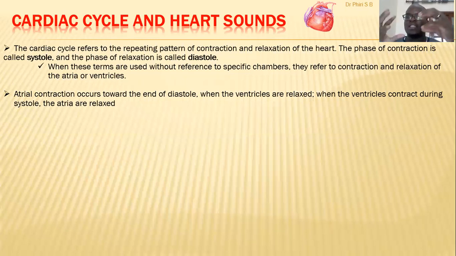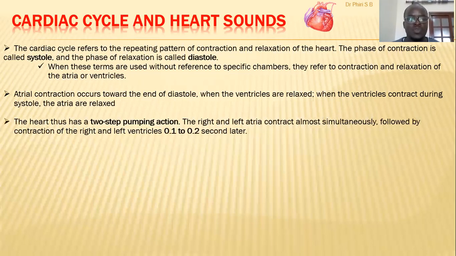So you have that sequence whereby the atria are contracting and the ventricles are relaxing, and when the ventricles are contracting, the atria are relaxing. So that's what that sentence means.